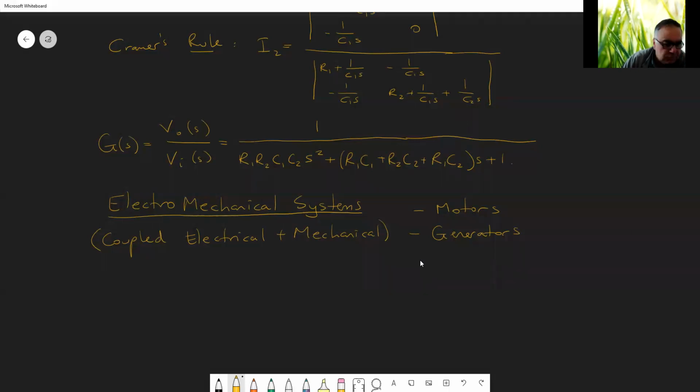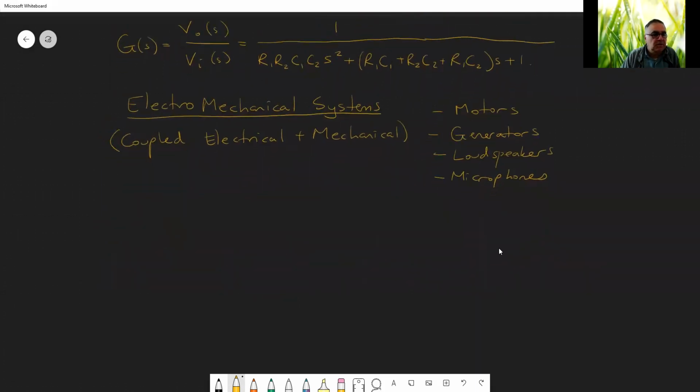But there are also things like loudspeakers, let's say. They are electromechanical systems. Microphones. These are electrical systems as well. These generate sound from electricity or electricity from sound, microphone, for example.